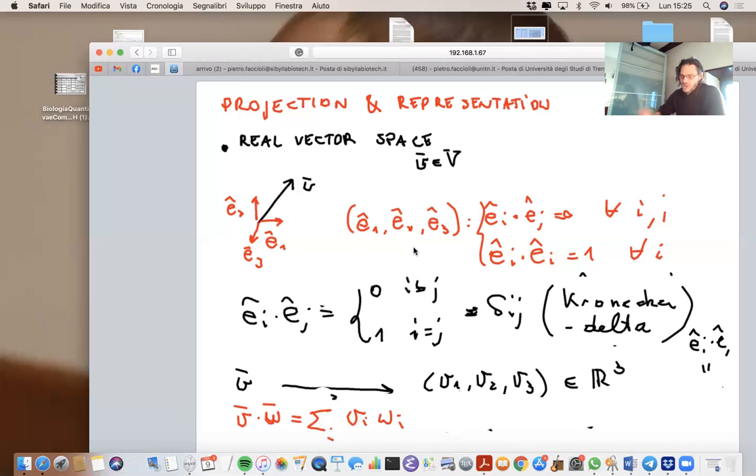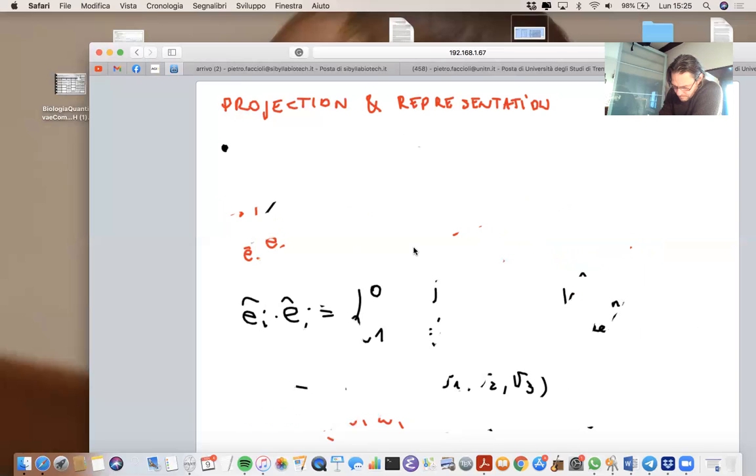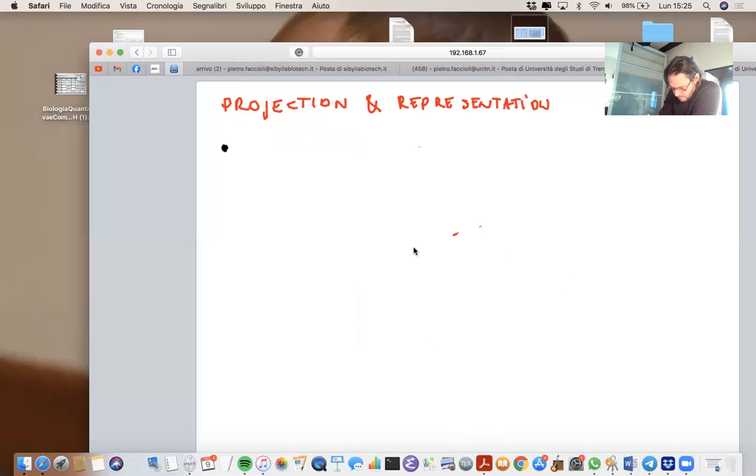Now, what about projections in Hilbert space? Well, you can still define projections in Hilbert space. And the first thing you need to do is to define a basis of the Hilbert space.